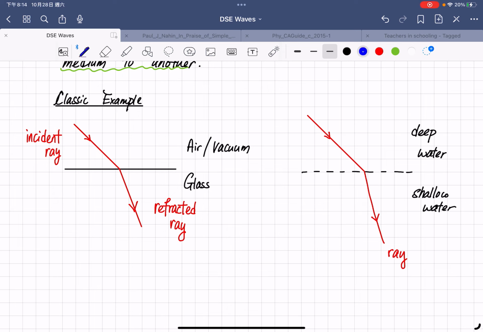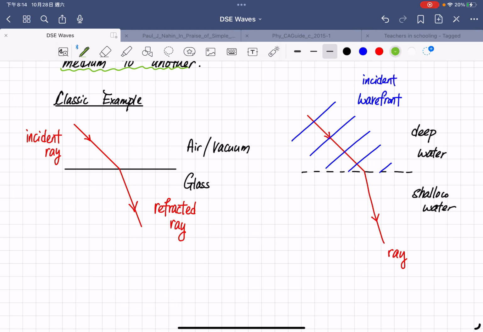So when we really sketch the wave, what's it called? Wave fronts. So we can draw the wave fronts on the incident part, so the incident wave fronts.